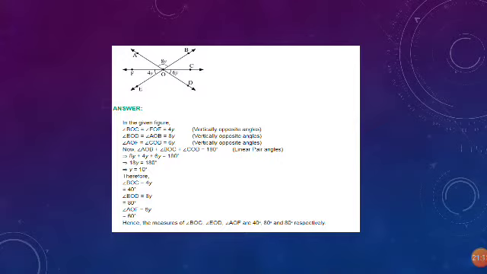Angle EOD equals 8y, 8 times 10 is 80 degrees. Angle AOF is 6 times 10, 60 degrees. The measures of angle BOC, angle EOD, angle AOF are 40 degrees, 80 degrees and 60 degrees respectively. Adding the values, we get 180 degrees.